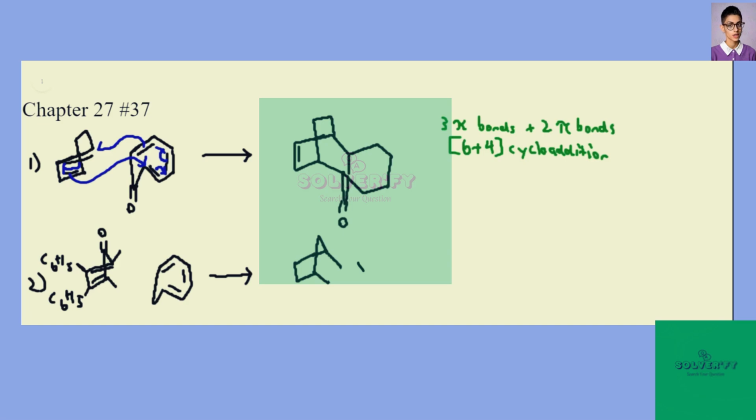These are pretty difficult to draw. Okay, so there we go. Double bonds here and here, as well as here. We would still have our ketone in place here.